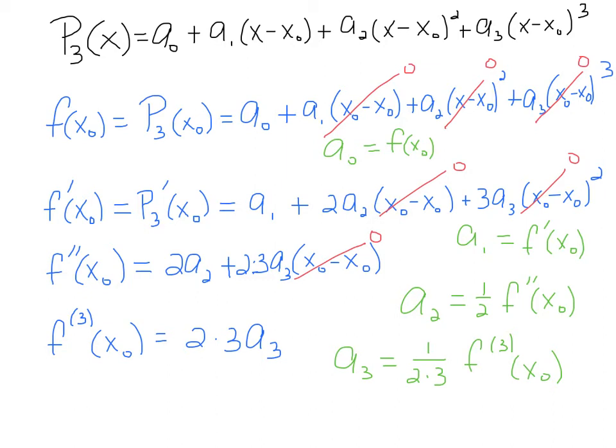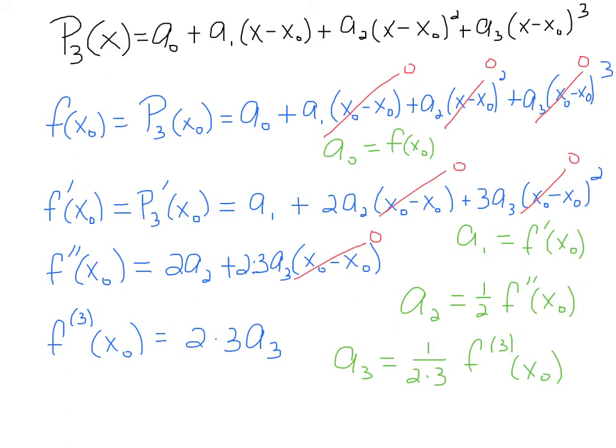Now, if we do this again and take a second derivative, this term will be 0, and we'll get 2 a2 and 2 times 3 a3. I'll leave it like that and won't write it as a 6, because you'll start to see a pattern here.